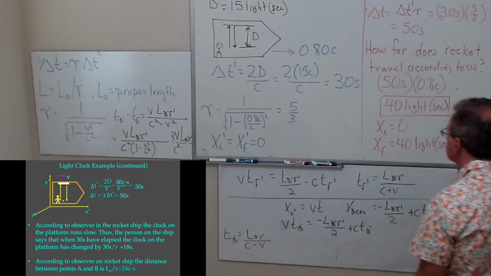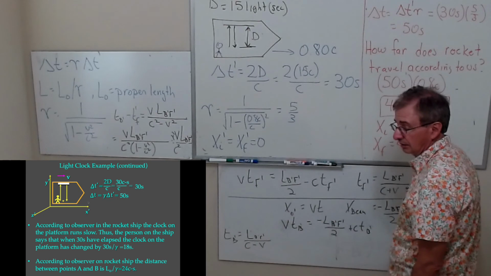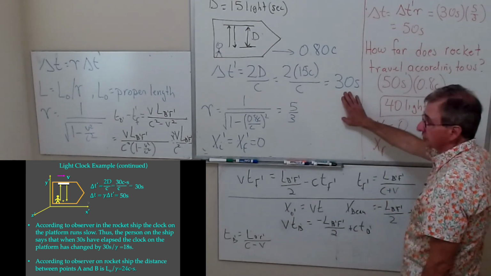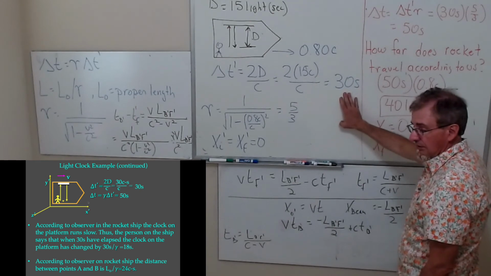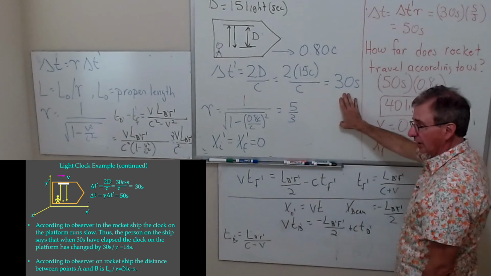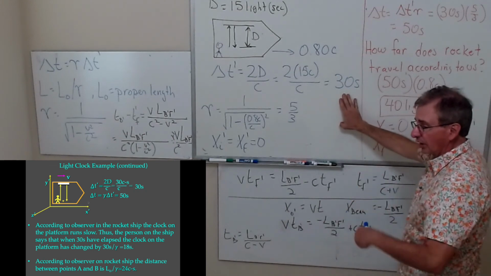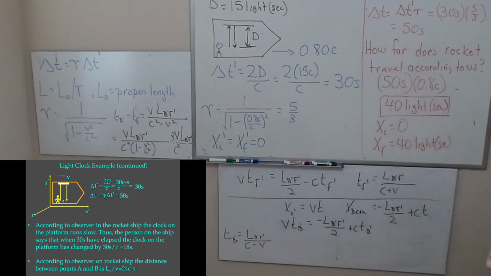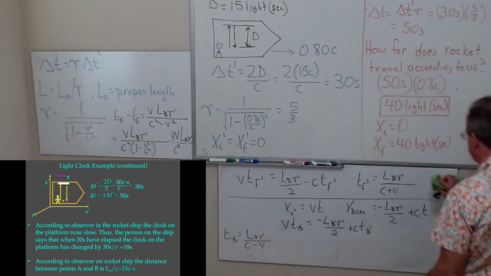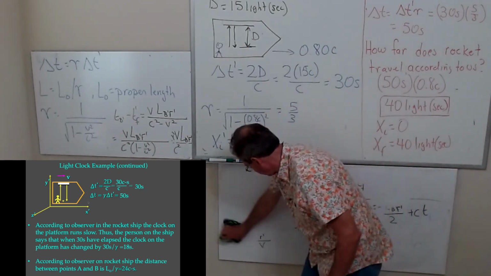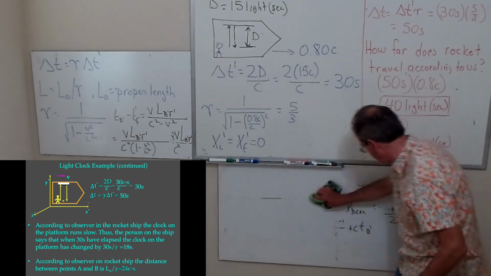So that means that if the person in the rocket measures this time between two events, he's going to say we're going to measure the time it takes to be less by gamma. And this is confusing. And the reason why is because clocks aren't synchronized.